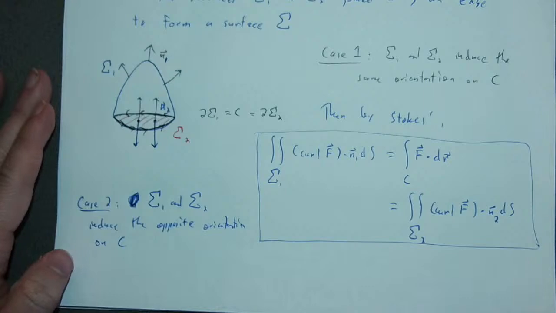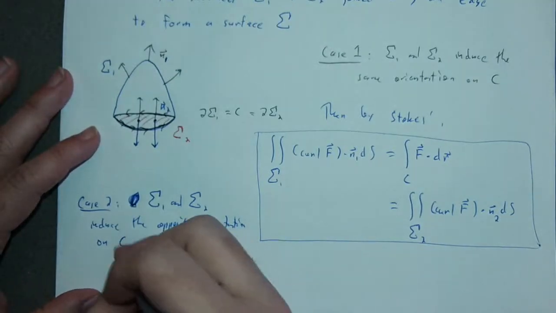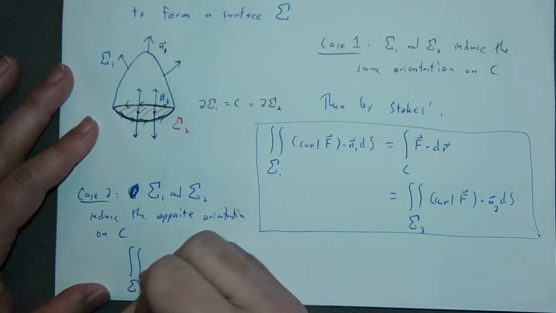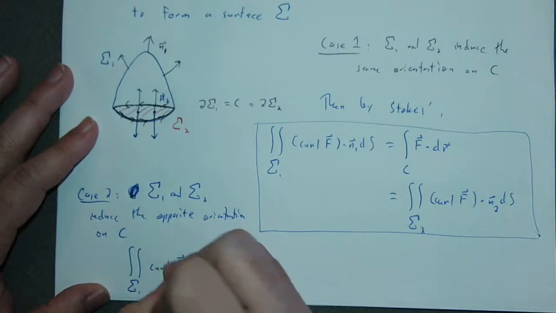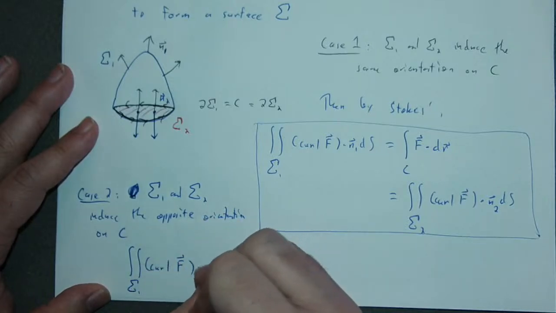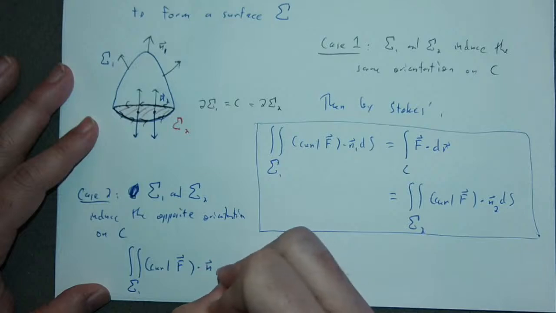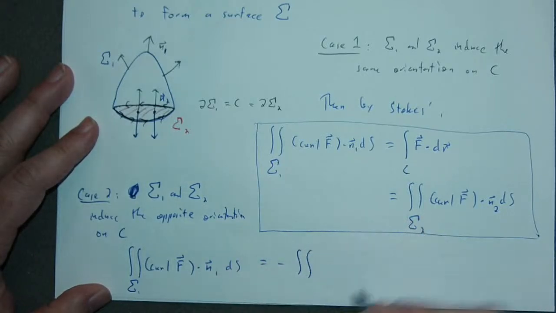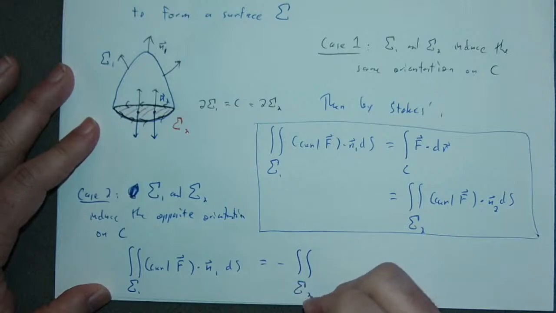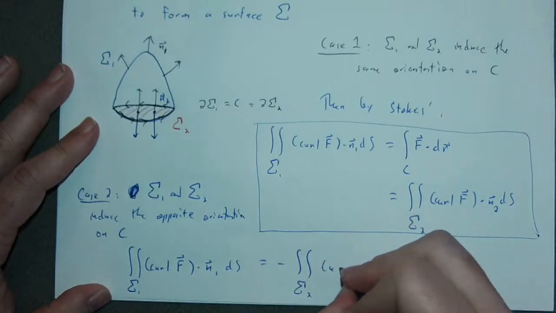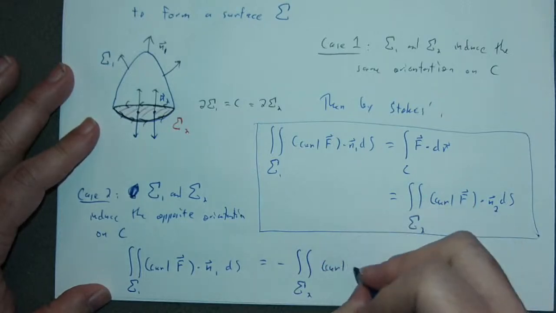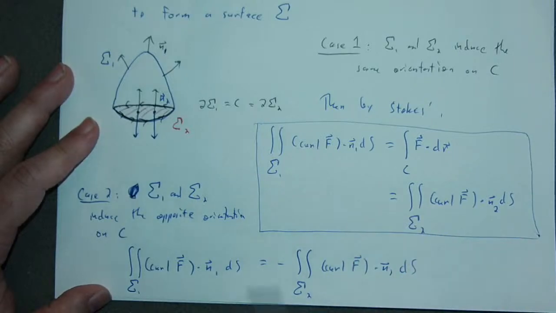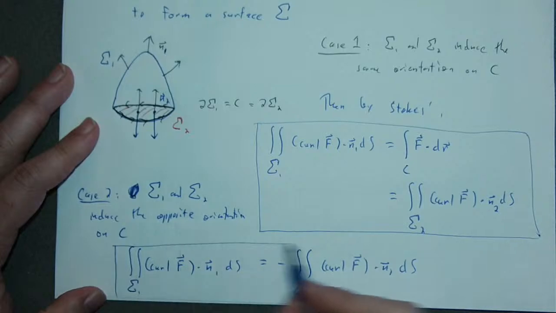What would that indicate? That would indicate that the surface integral of curl of f dot n1 ds is equal to minus the surface integral over sigma 2 of curl of f dot n sub 2 ds. Where does this minus sign come from?